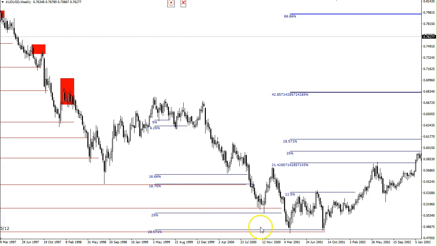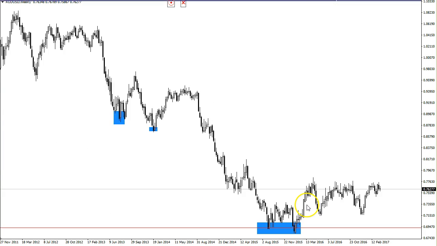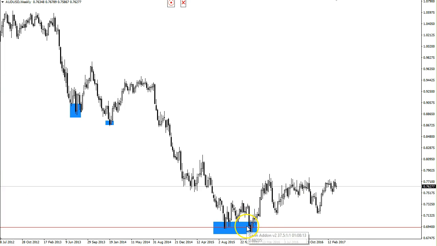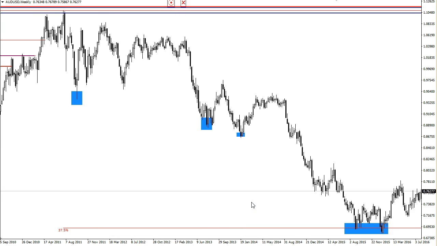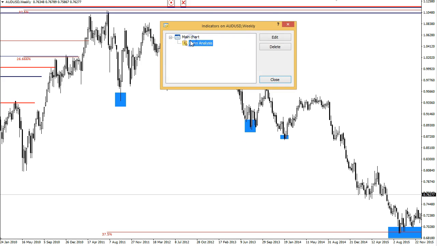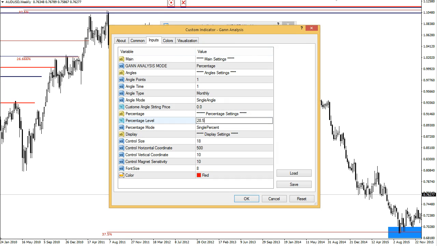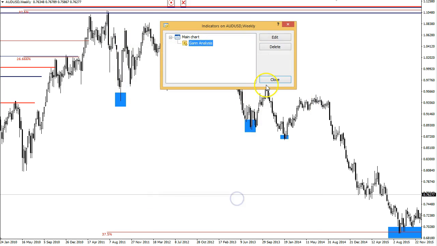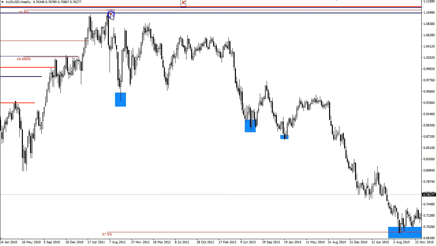Here was broken by a bit, also here was broken by a bit. So the 37.5 is very important. You can see that the majority of the important lows were created at this level, and you have the 28.571. No reaction at the 28.571.